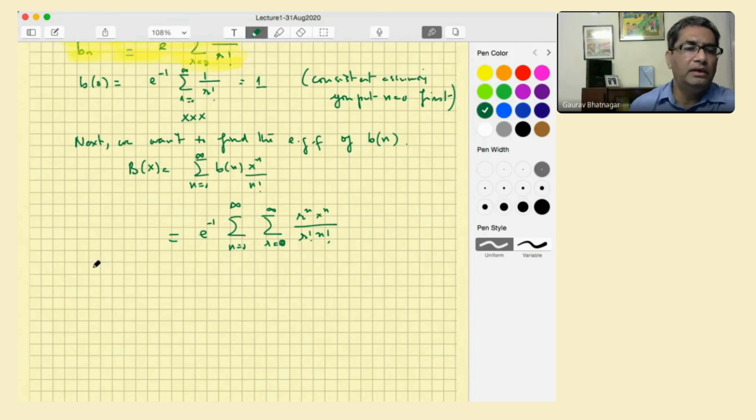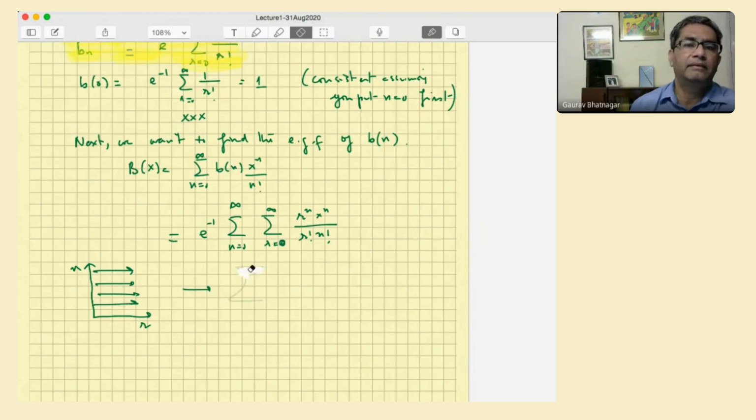Okay, so now we don't need to do much. So we have, let's say, n and r. So when n is 0, then r is going from 0 to infinity, n is 1, r is going, so it's this region. And I just simply write it in the other way.